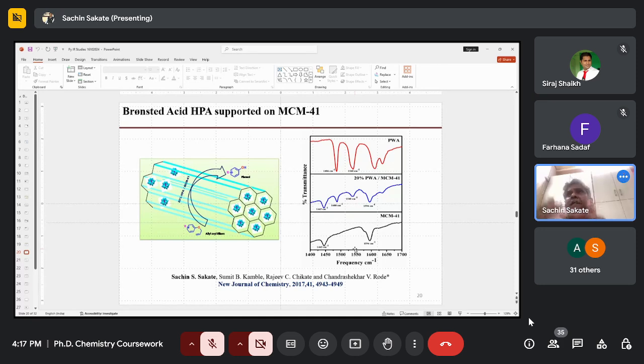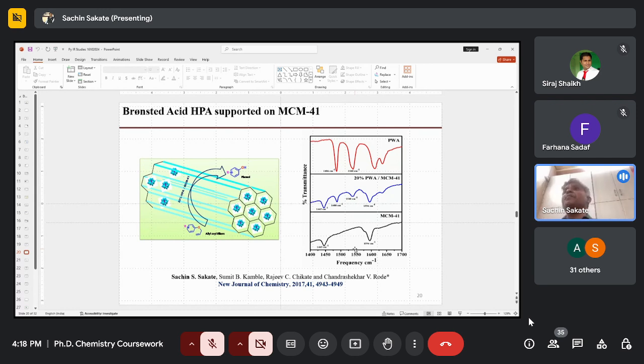So now see, you are scaling down from 20%, 10%, 5%, and you are achieving a very good heterogeneous catalytic study, using a minimum amount of your active species. That is what is expected, and that is what we are doing.